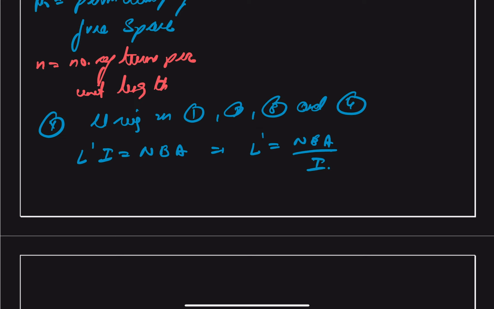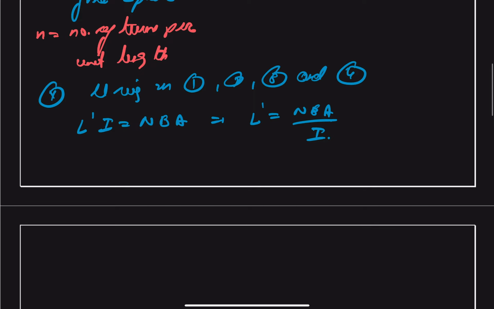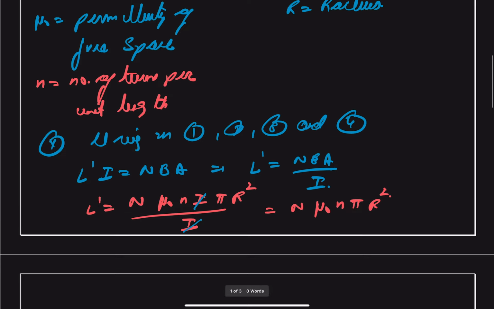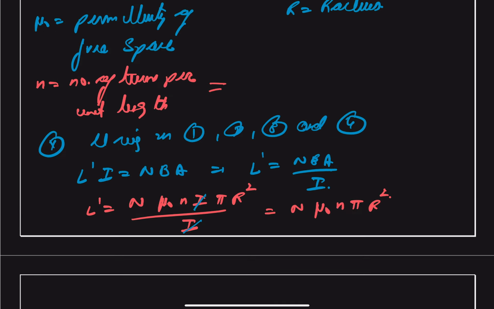Further we substitute the value of magnetic field and area, and we can write that L prime will be equal to N mu naught n I pi r square divided by I. Here I cancels with I. So we get N mu naught n pi r square, and small n we already defined as the number of turns per unit length.